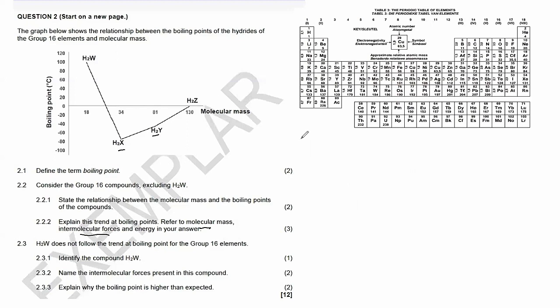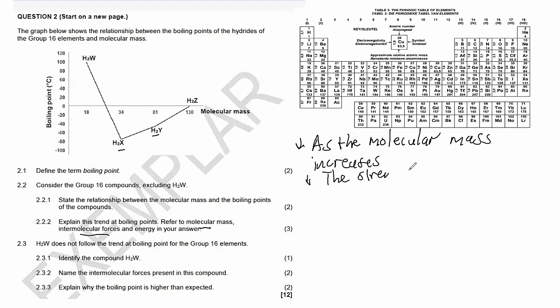So we're just going to explain this based on what we observe from the graph. As the molecular mass increases, the strength of the intermolecular forces increases as well.